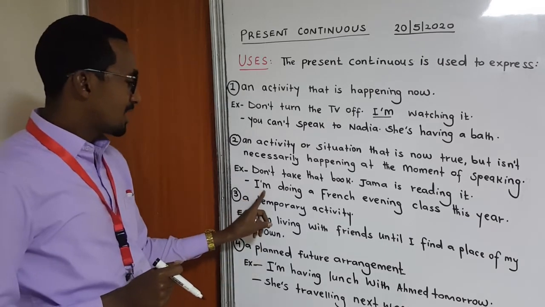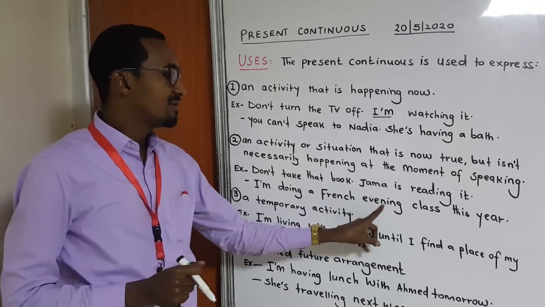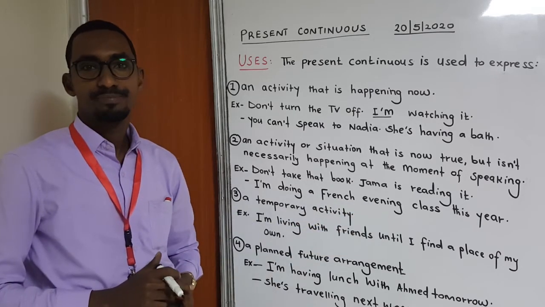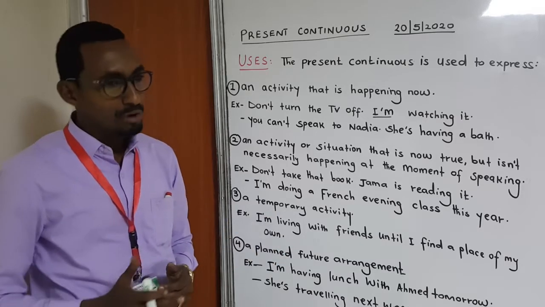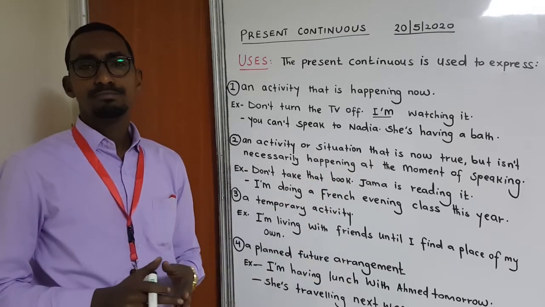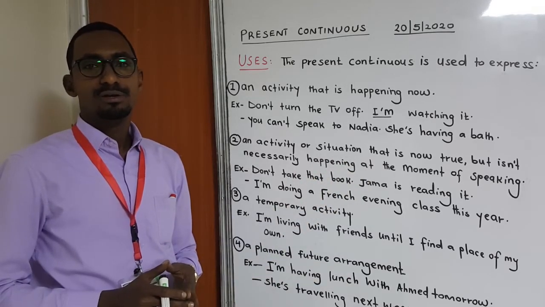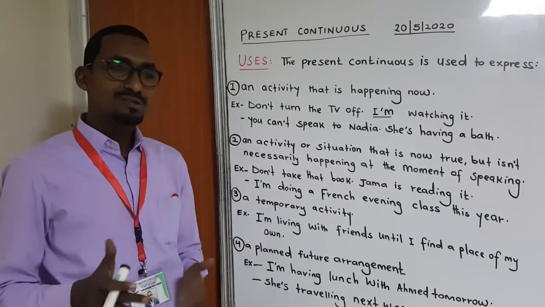Another example is I am doing a French evening class this year. Yeah, you started the course kwa bilawday welina waa wadaa. Let's say today is Sunday, you're at home and you are not at the university, ma joogto university, but the course is still going on.